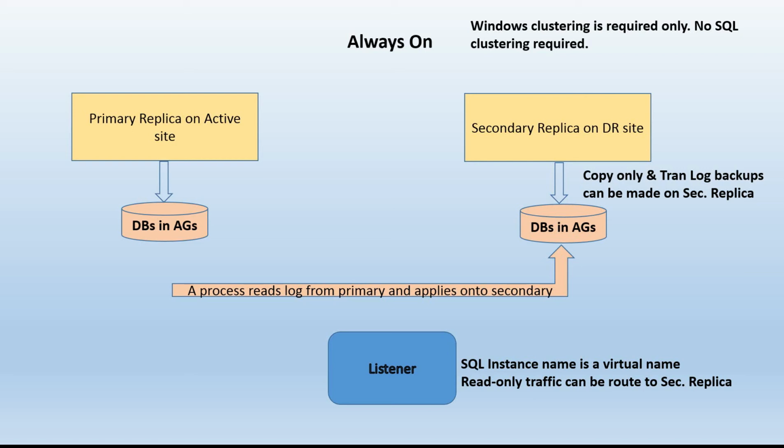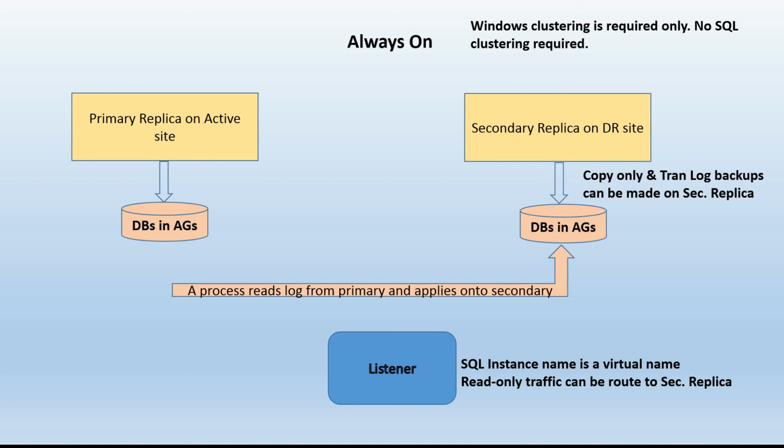Just hold on to your thoughts, but automatic failover is that if for some reason anything goes wrong on the primary replica, the secondary SQL Server instance will take over automatically. That failover is not possible at this time in SQL Server 2014 if your primary replica is a SQL cluster.